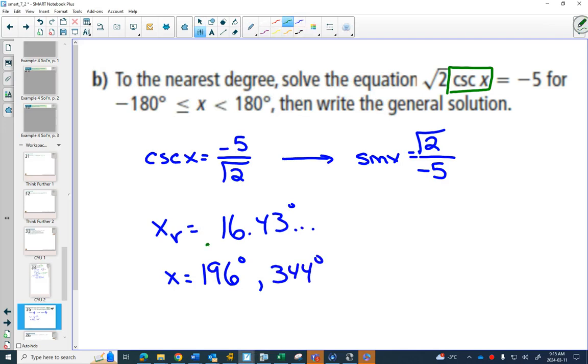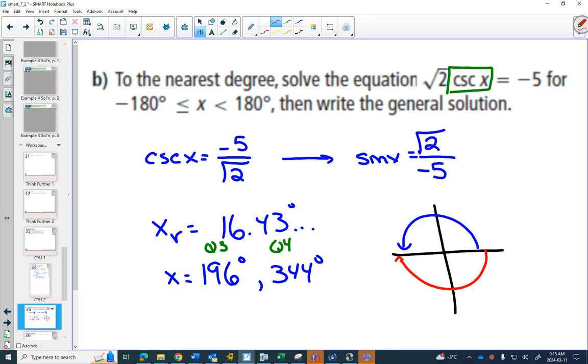Of course, this was quadrant 3, this was quadrant 4, and now I'm going to look at my domain, and it has positives and negatives. So for positives, it's only looking from 0 to 180. In negatives, it's looking from 0 to negative 180. Are my answers in the domain? No. So temporarily, let me just put a line through these.